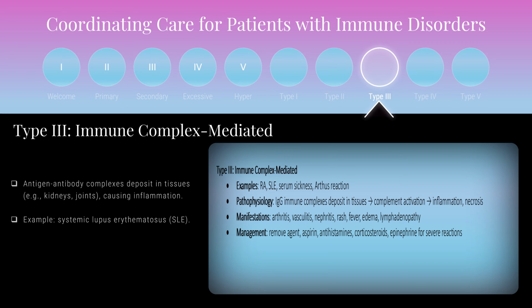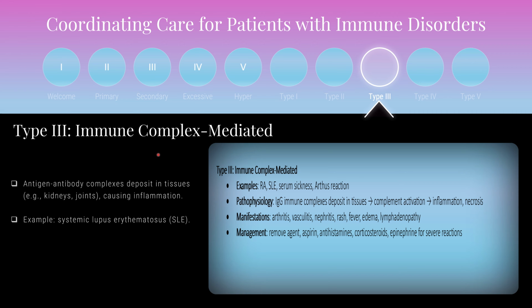Now we are on type 3, immune complex mediated. Antigen antibody complexes deposit in tissues and those causing inflammation like lupus.